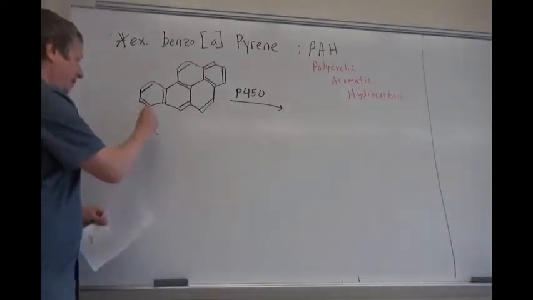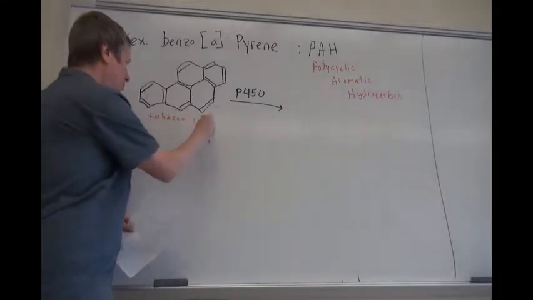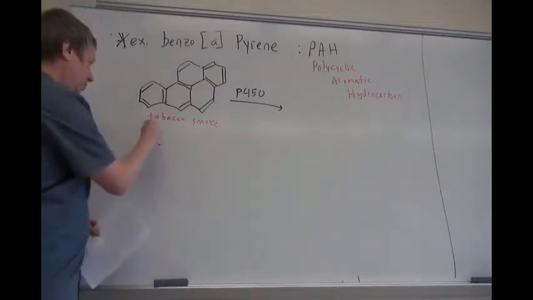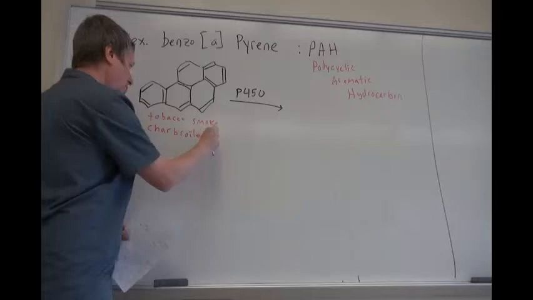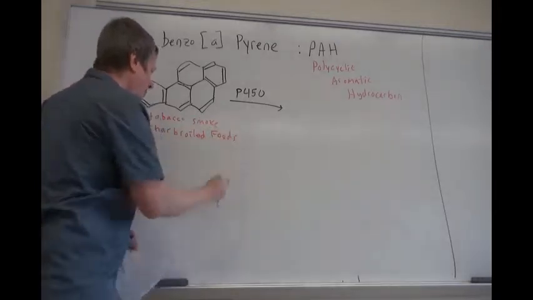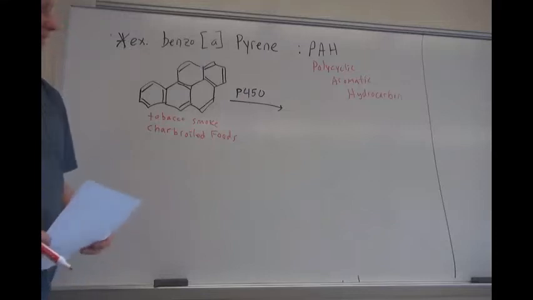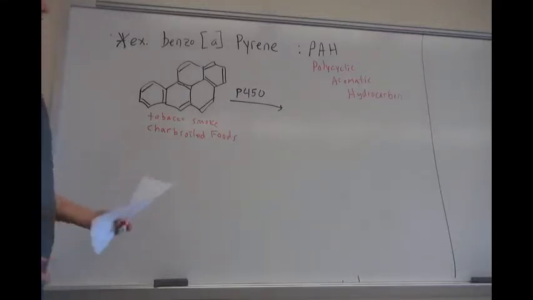This stuff is found in tobacco smoke. And it's found in some charbroiled foods. It's found in a lot of things that you might encounter day to day. And it's a little scary because it is a carcinogen. Not directly, but after it gets metabolized.